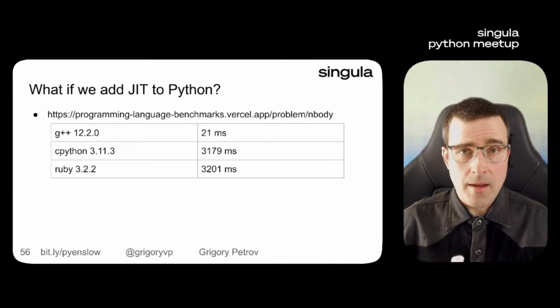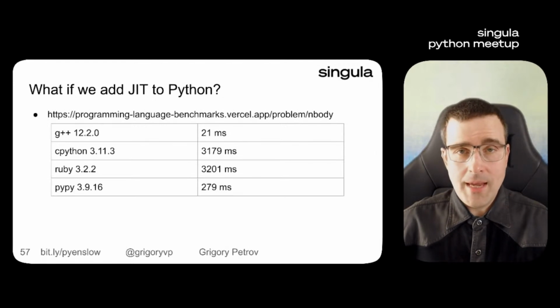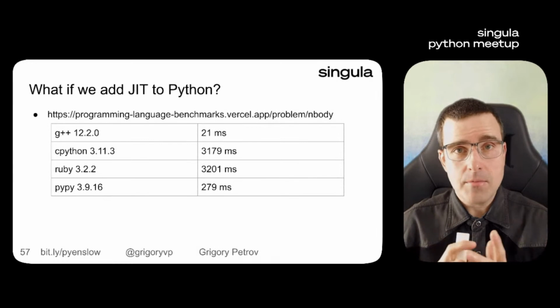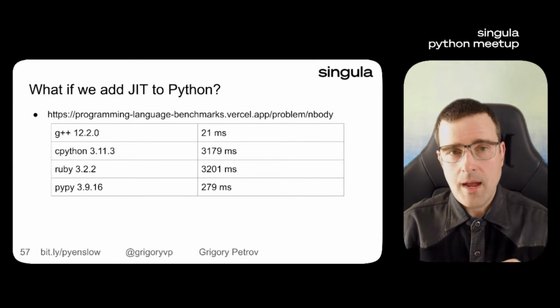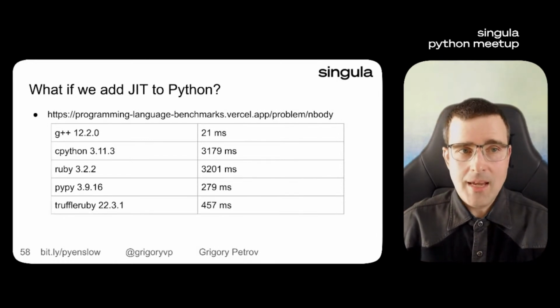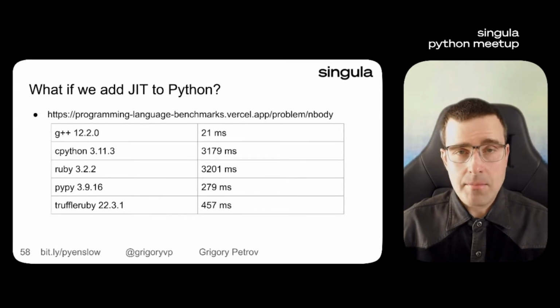By the way, the same numbers are with Ruby. But if we enable JIT, just-in-time, using PyPy, for example, it will become 10 times faster, not 100 times, but 10 times. And again, comparable times are with Ruby.